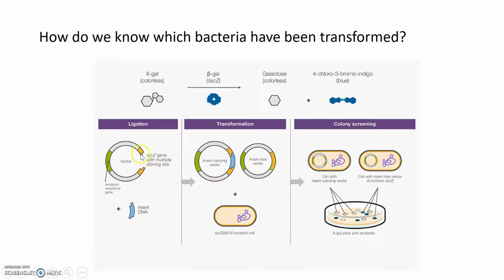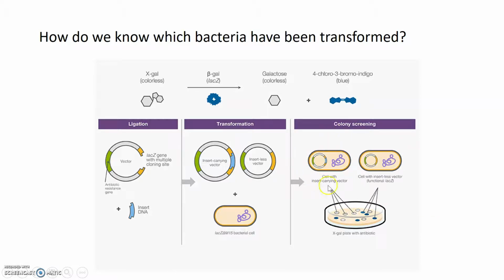But what you'll notice is that these pieces could actually fit back together pretty easily themselves. And so sometimes you get a plasmid that's re-ligated, or basically re-stitched back together, that doesn't contain your insert DNA, and some that does contain the insert. In this case, you can use a special type of vector and differentiate between cells that have your insert, or that gene of interest, in them and cells that don't by looking for different colors on a plate that's impregnated with antibiotic.